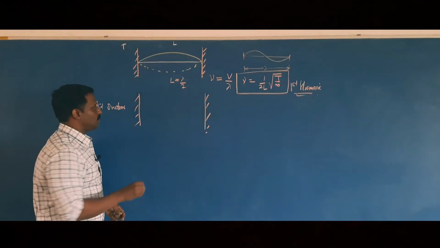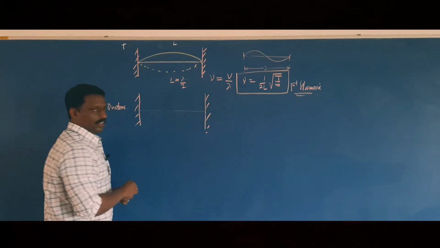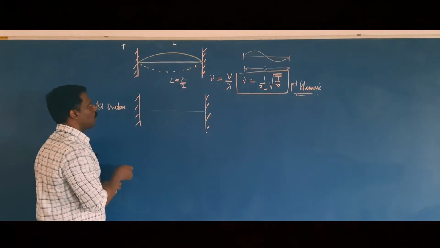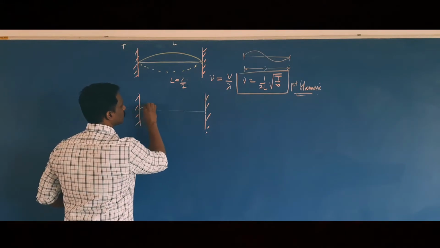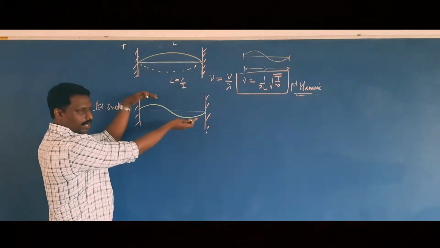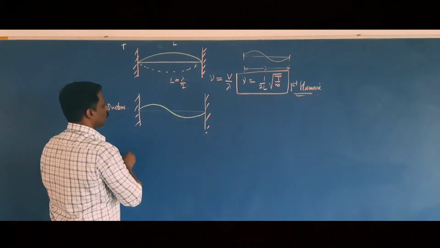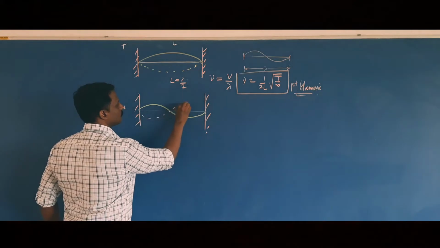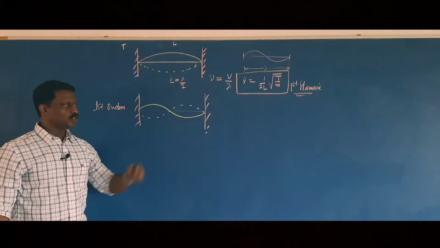That means in the next higher mode of vibration, we will have 3 nodes and 2 antinodes, so that the string in the next higher mode, that is the first overtone, will be vibrating like this at an instant, and then will be moving along. So this is the first overtone.